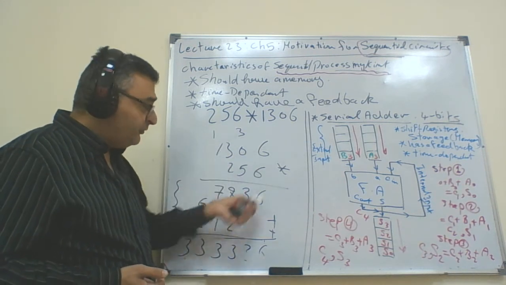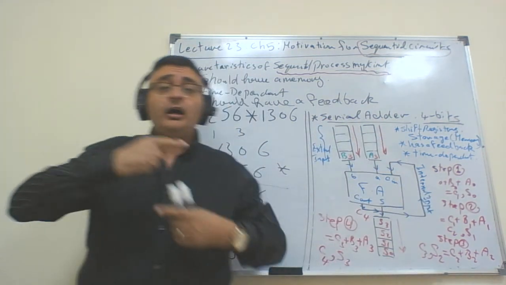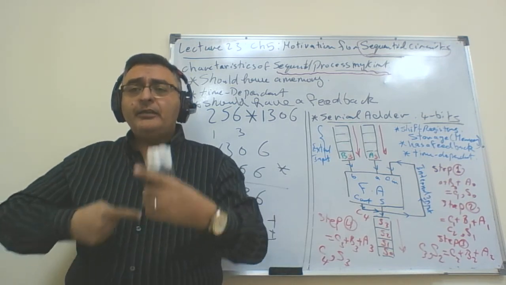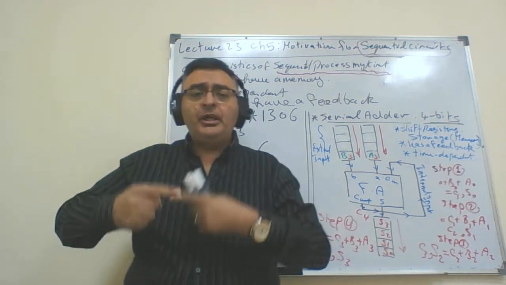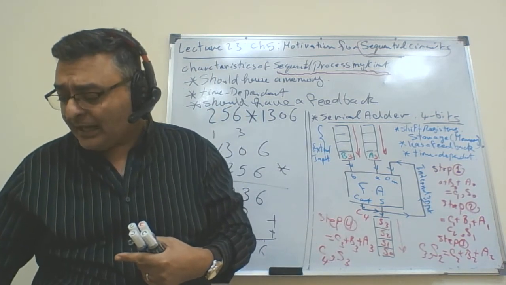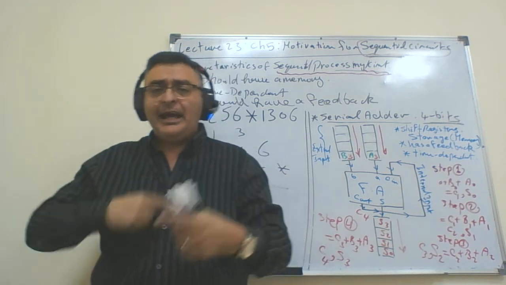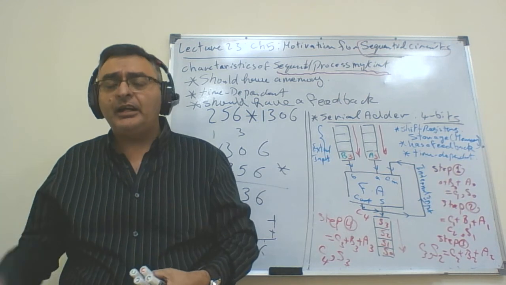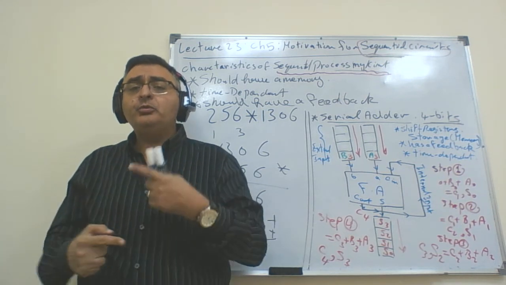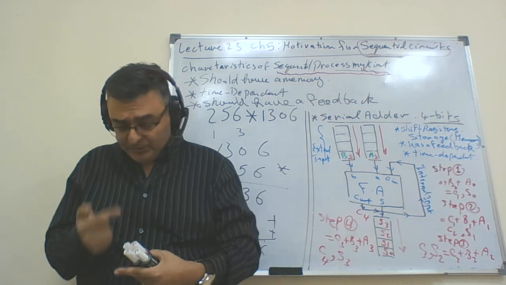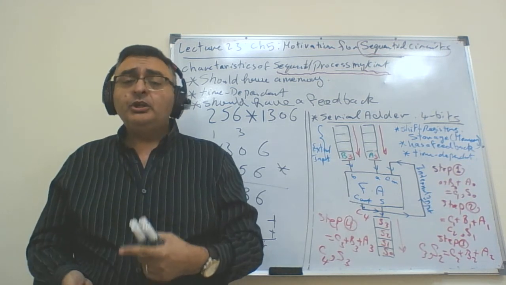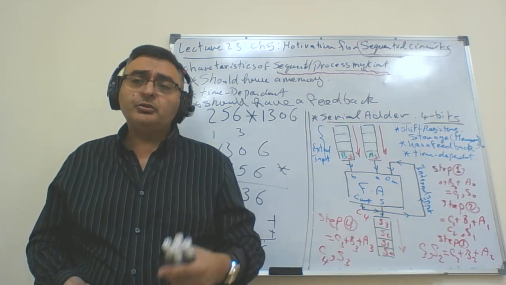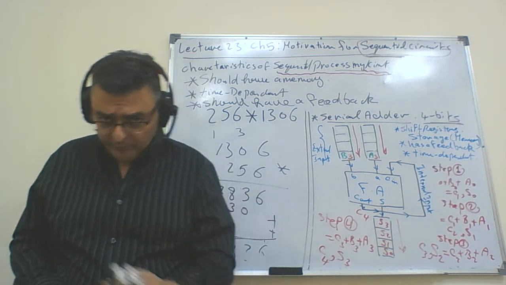But here, in order to perform this operation, I have to go through a sequence of steps through which the intermediate outputs are being produced. So that means the output will not be ready for me at once. It takes some time until the circuit responds and gives me the final answer. So since I'm doing the process sequentially in steps, I'm spending more time to actually produce my output, which is actually its cost. The cost here is the time of the circuit response.